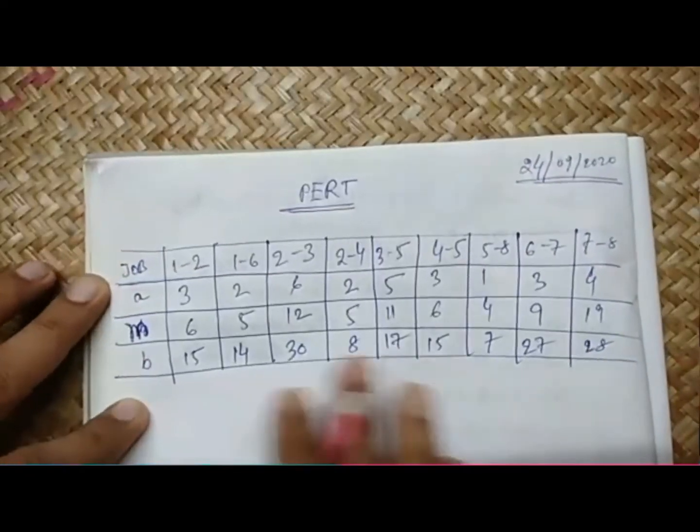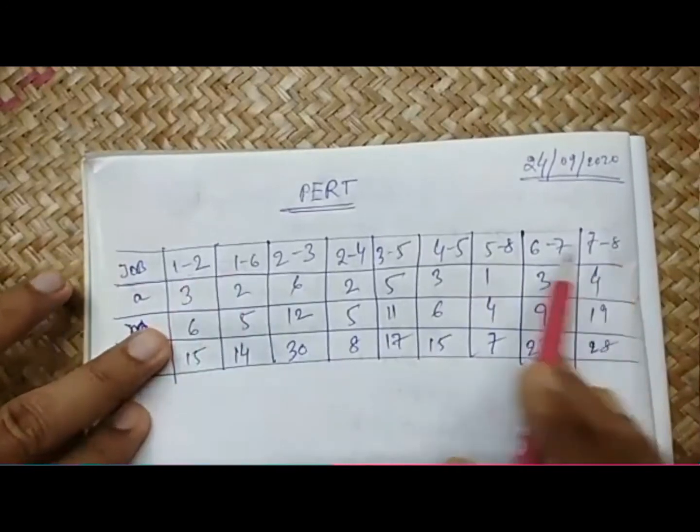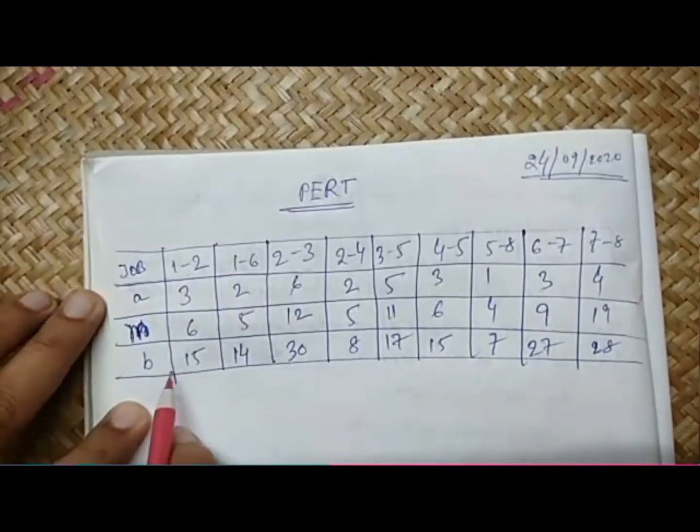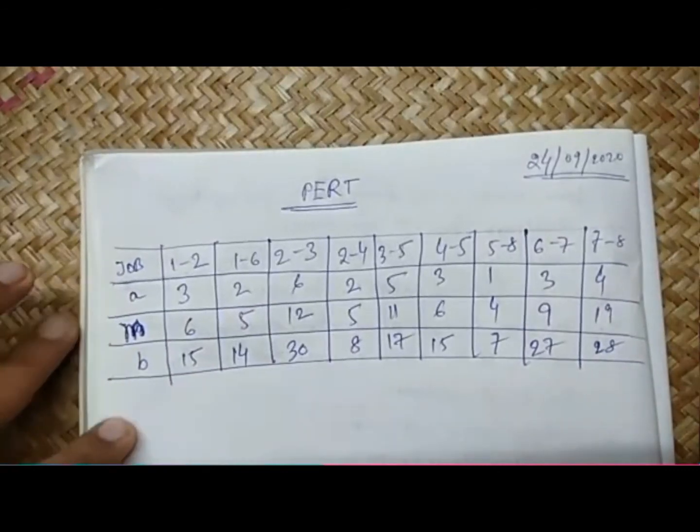Okay, so for each job, the optimistic time, most likely time, and pessimistic time in days are given.